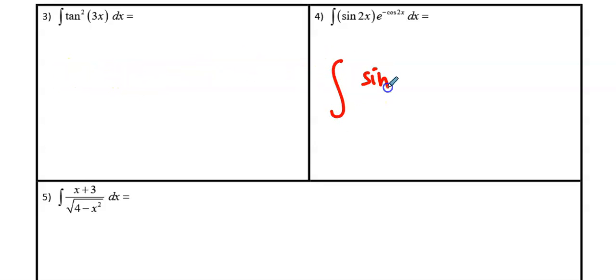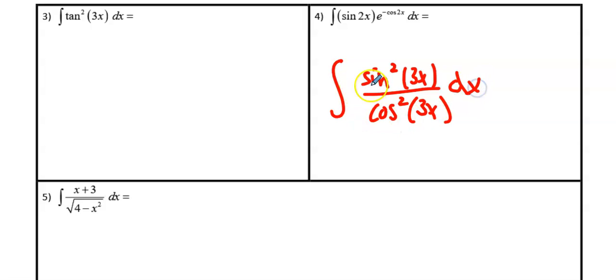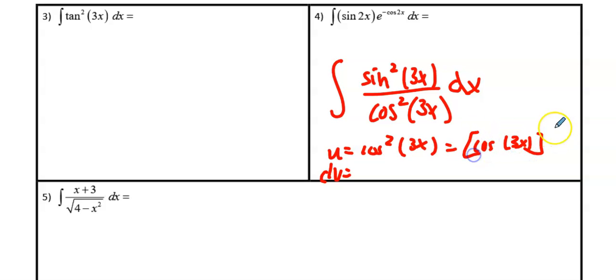So let me just actually show you guys why this doesn't work. So we do this, and let's make u equal to cosine squared 3x.